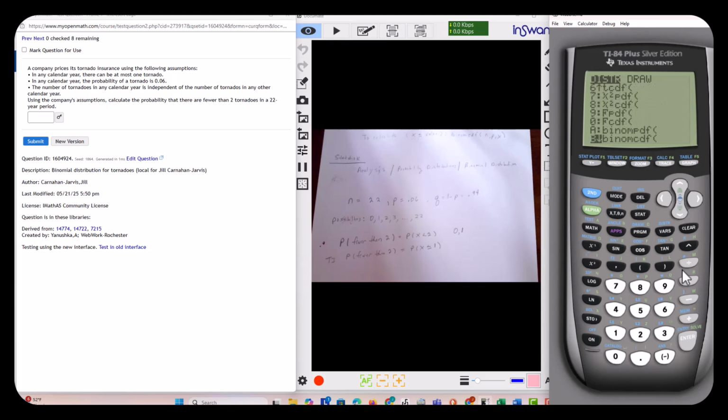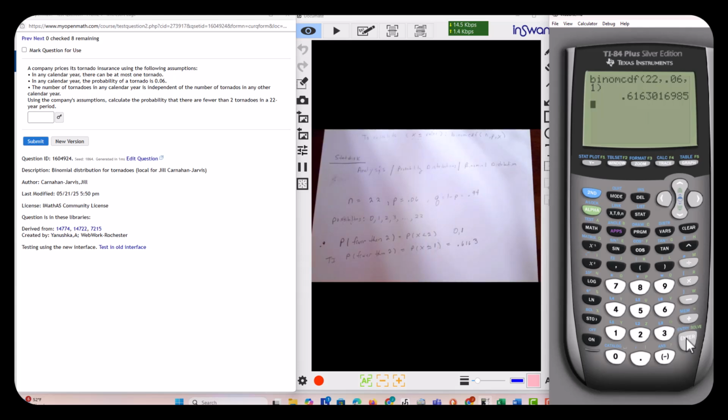We know it's going to be a CDF. N is 22, comma, P is 0.06, comma, and your X is this value we had to rewrite, a 1. You shut your parentheses and you get 0.6163. I will add in there how many decimal places you need.